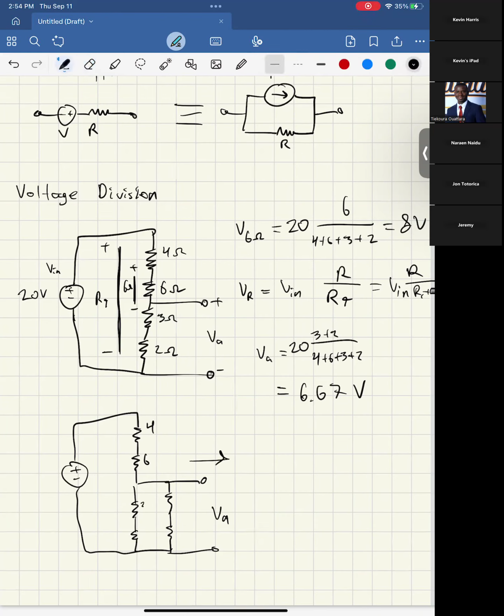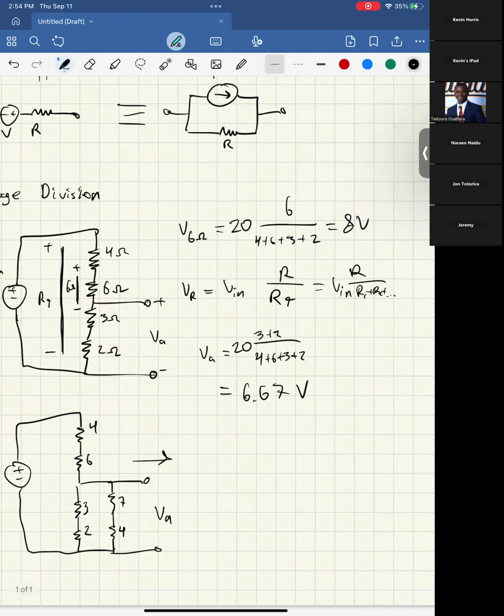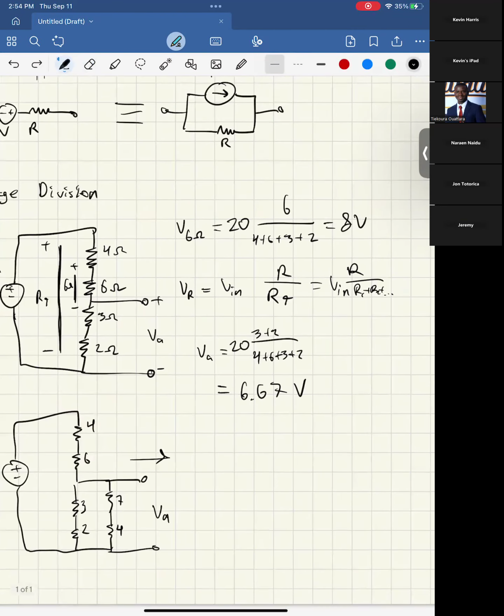Let's say this was still 3 and 2, but then this was 7 and 4, okay? Then before we can find that VA, we'd want to combine all of this. So to do that, I'll just focus on this section. You have the 6 there, and then 7 plus 4, right? That's going to be 11 ohms here.